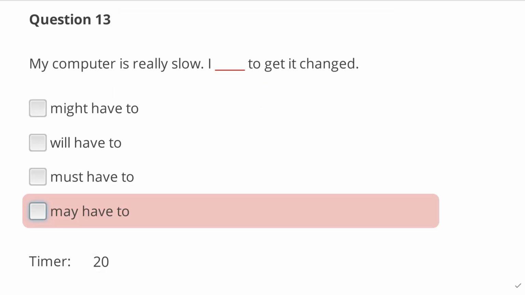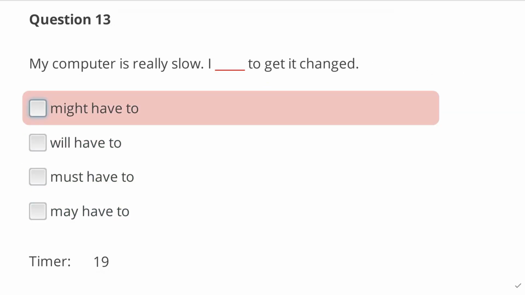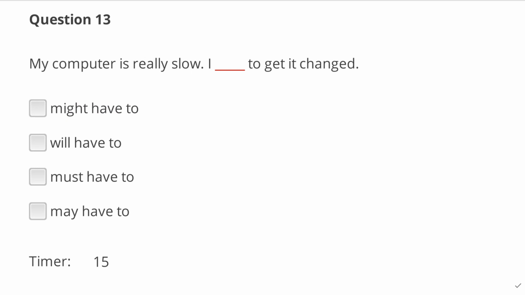Question 13. You have 4 choices and more than one may be correct. So my computer is really slow. I have to get it changed. Now remember, to get something changed means you're paying someone else to do the work for you. So to get something done, for example, is you ask somebody else to do something for you.